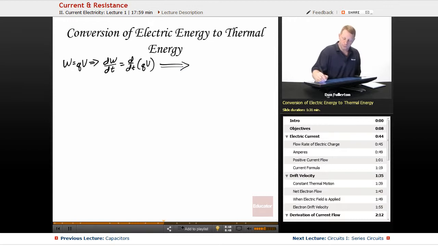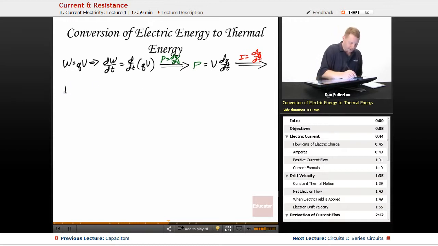But we also know that power is the time rate of change of work done, dW dt. So we could write then that power is equal to, well, potential should be a constant, V dq dt. But dq dt, we said, was current flow. Therefore, we can write that power is current times voltage.